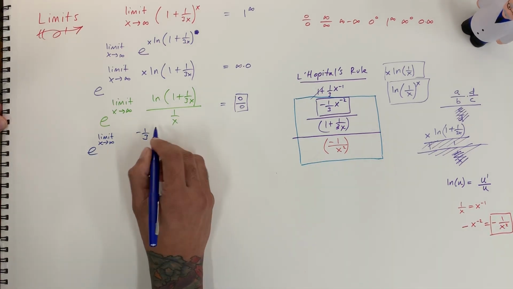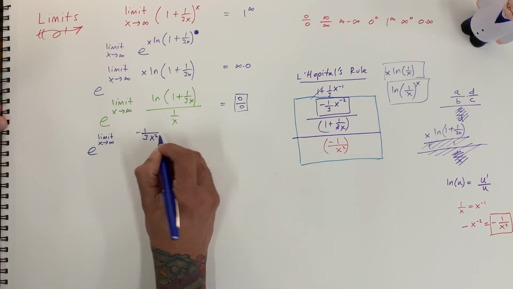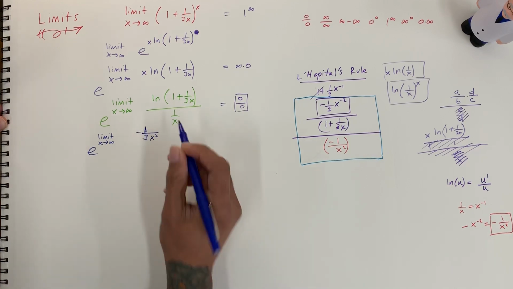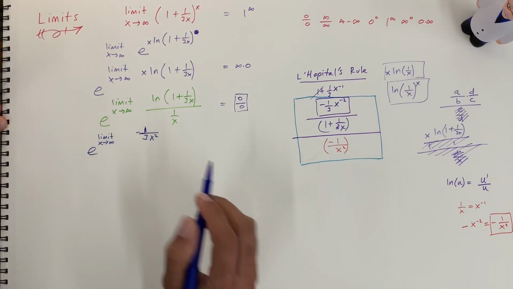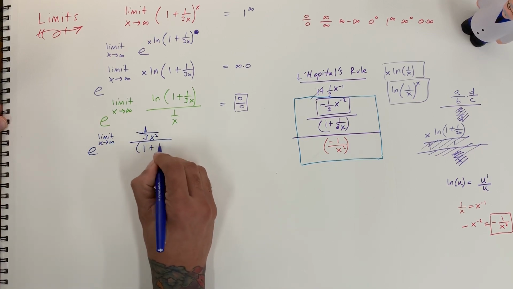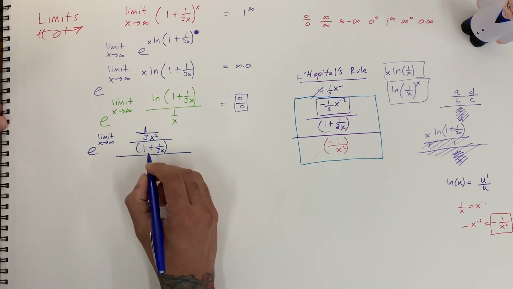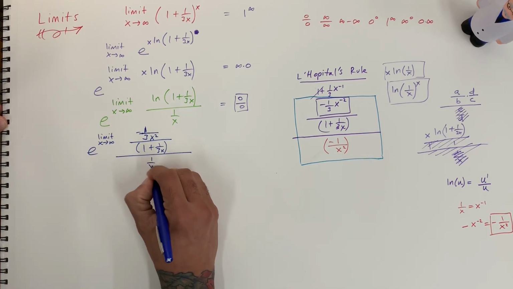So we're going to do 1 over 3 x to the second. All right. And then we have this. So we're going to keep that like that. And then we have a bigger fraction here that is 1 over x squared.